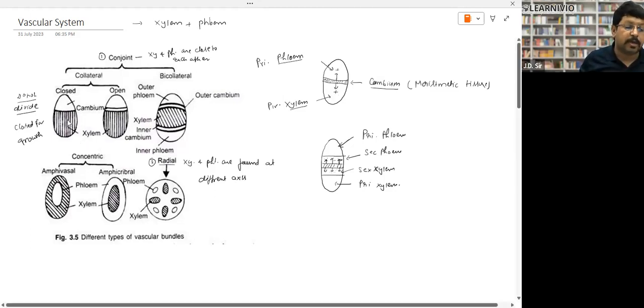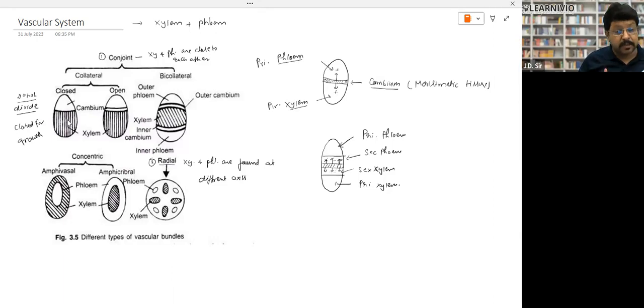In closed vascular bundles, cambium is not there. They cannot make secondary xylem and secondary phloem, so they are not open for growth. It means secondary growth or thickness of the stem is not possible if the vascular bundles are closed. So why is the stem of wheat, rice or maize not as thick as a tree? Because they are monocots and their vascular bundles are closed.